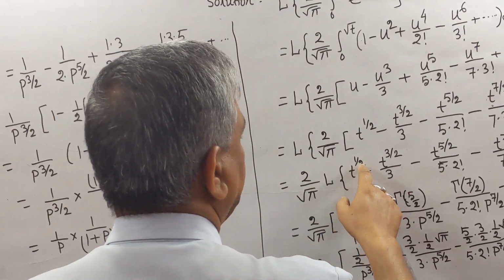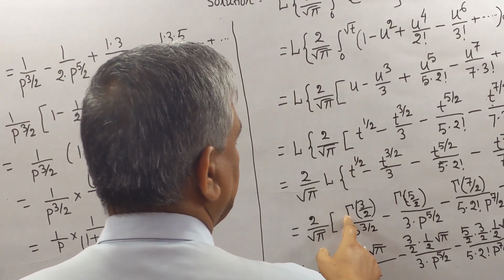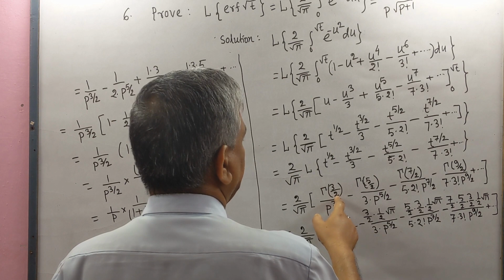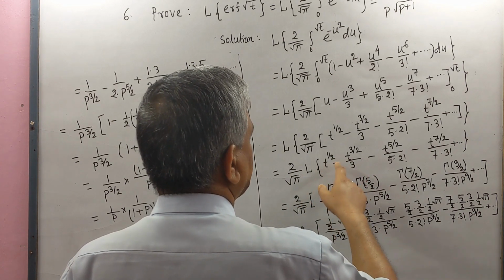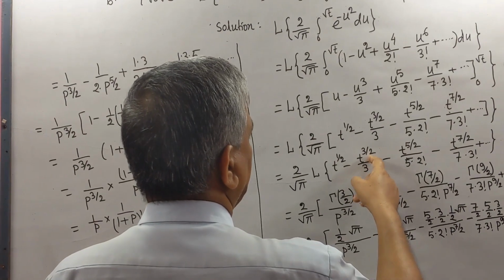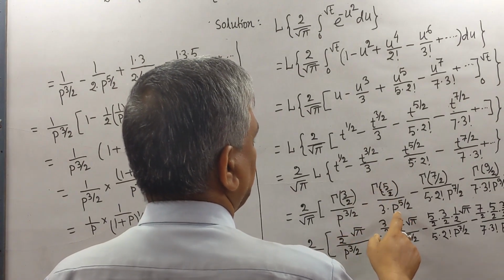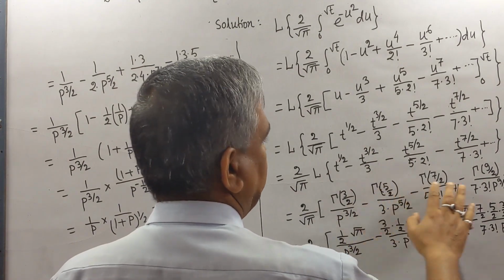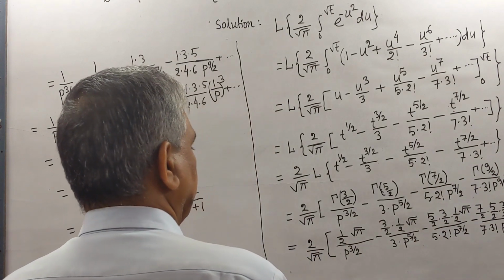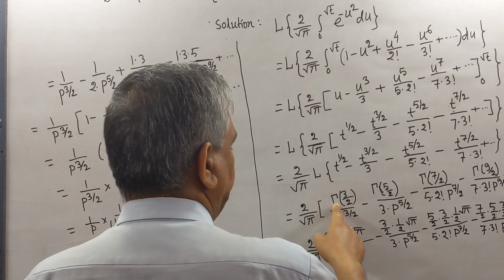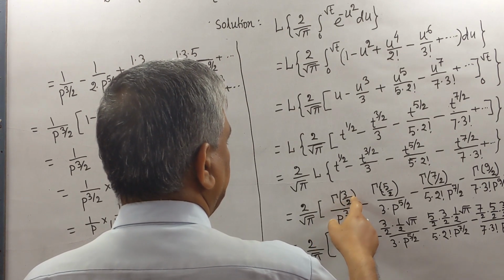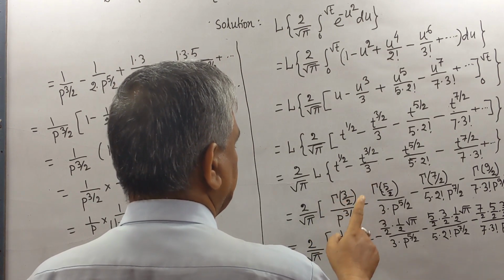The Laplace transformation of t to the power half is gamma function 3 by 2 by p to the power 3 by 2. Similarly, the Laplace transformation of t to the power 3 by 2 is gamma function 5 by 2 by p to the power 5 by 2 and so on. Here we put the value of gamma function 3 by 2, which equals half into gamma function half.